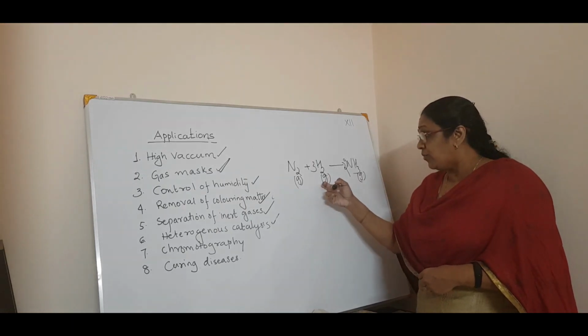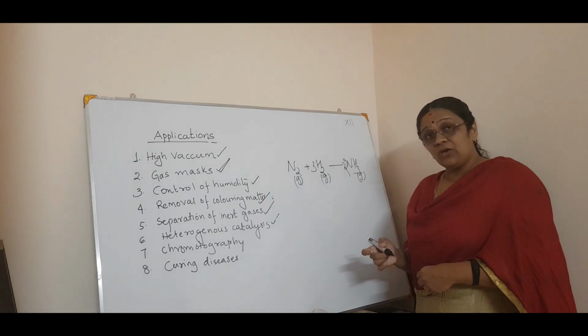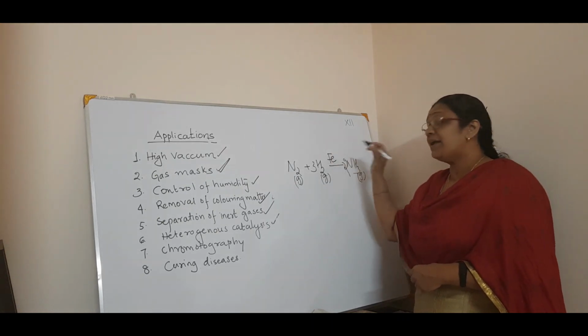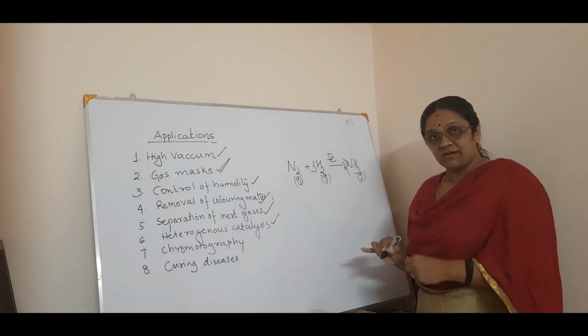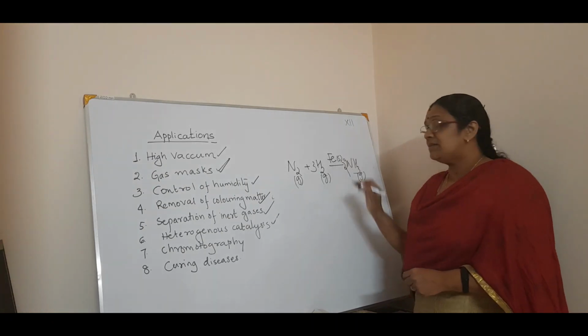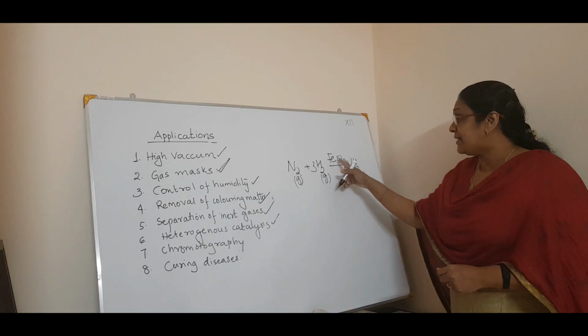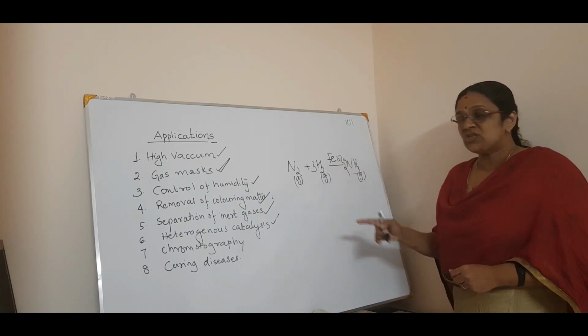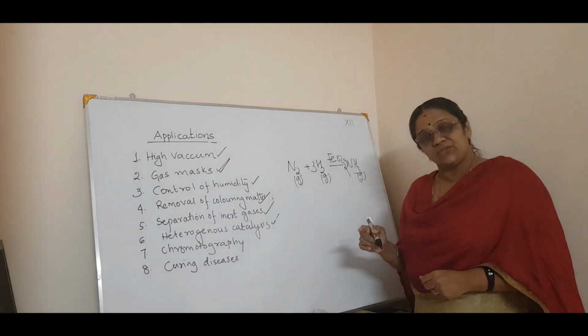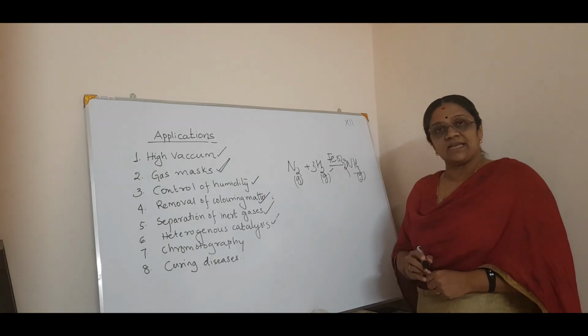In order to have this reaction, you are using a catalyst called iron, solid iron. Now, what is the phase of this iron? Solid. See, the reactant and product are the same, but the catalyst is in a different phase. So that type of catalysis, you call heterogeneous catalysis.